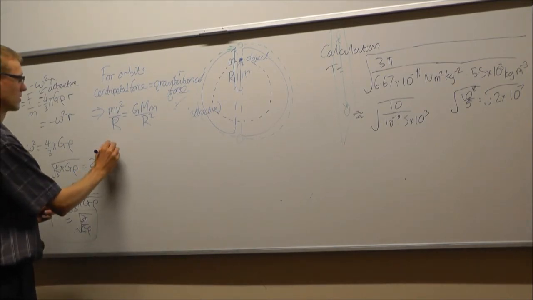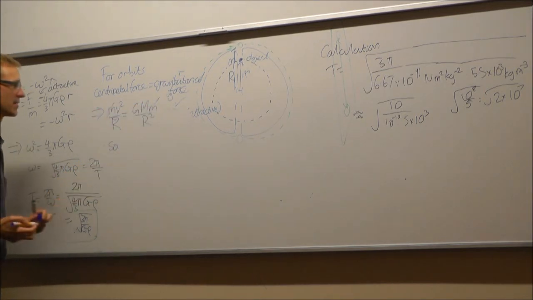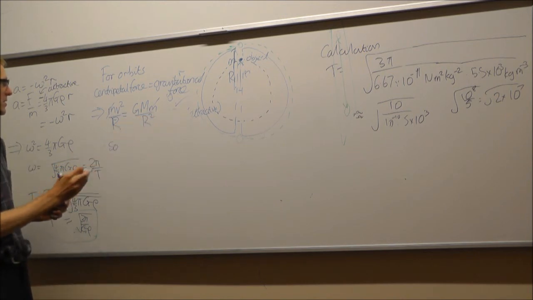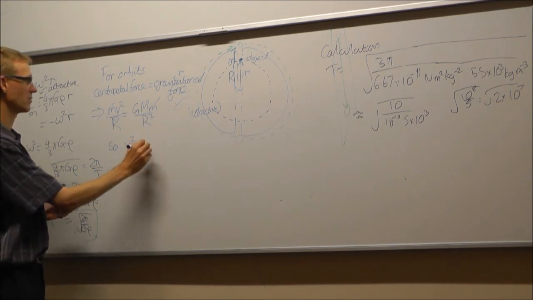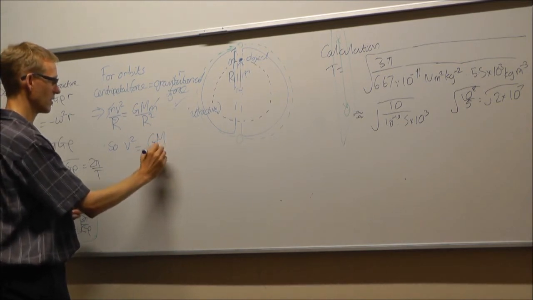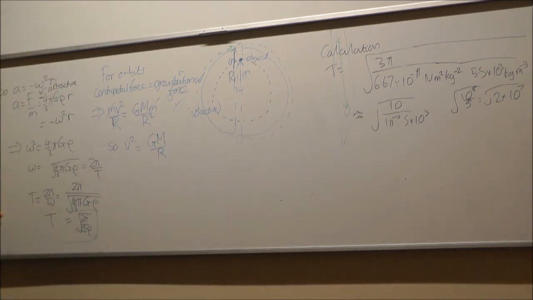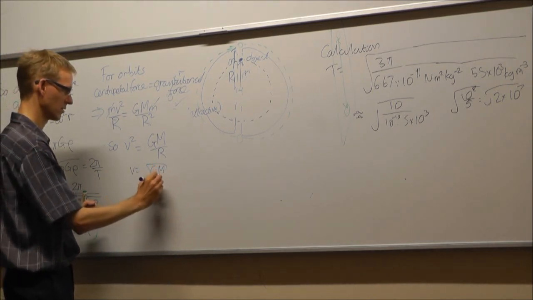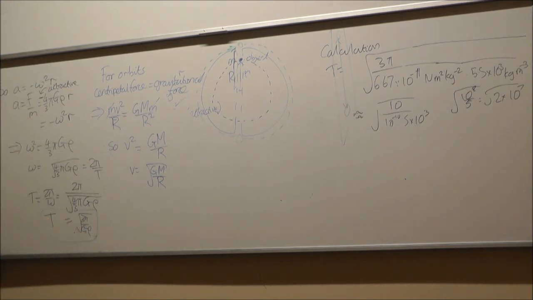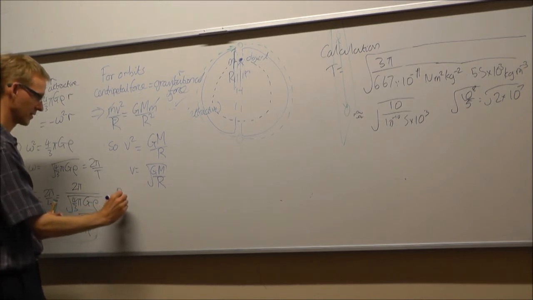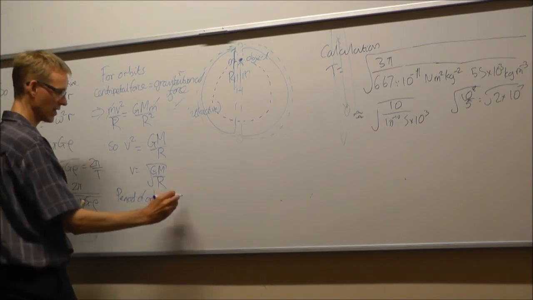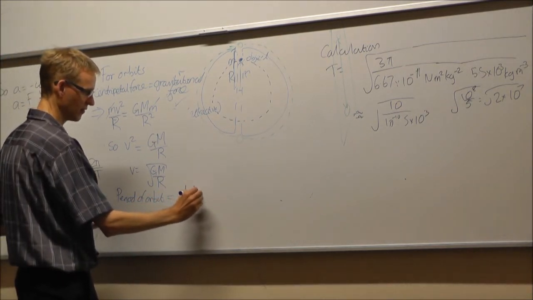So, m's cancel, of course, and we can get rid of one of those r's. So v squared equals GM over r. V equals root GM over r. So our period of orbit is, of course, our distance over our velocity.